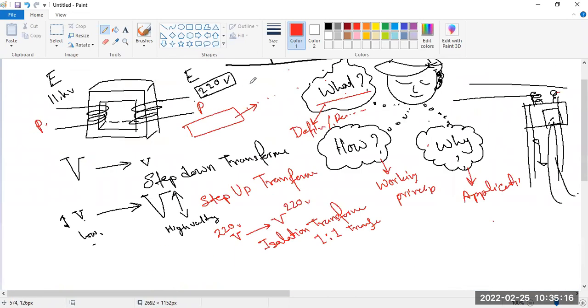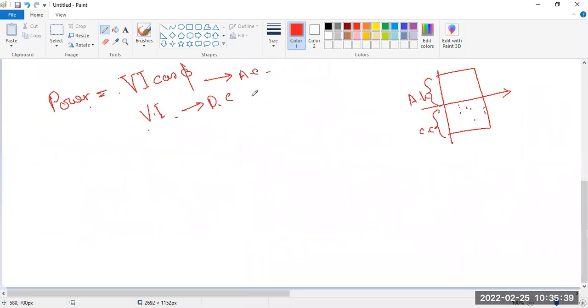So in a transformer, we are converting power from one format to another. The power we give is called the input power, and the power we draw is called the output power. I am drawing this over here.